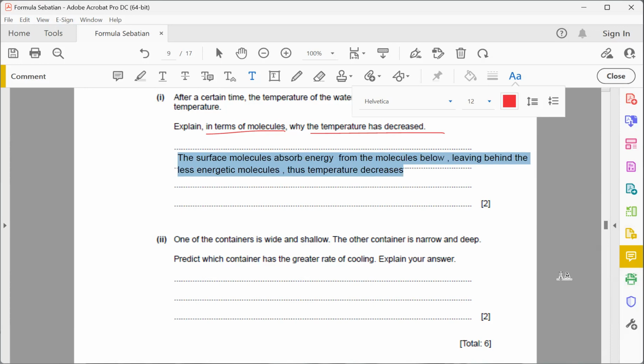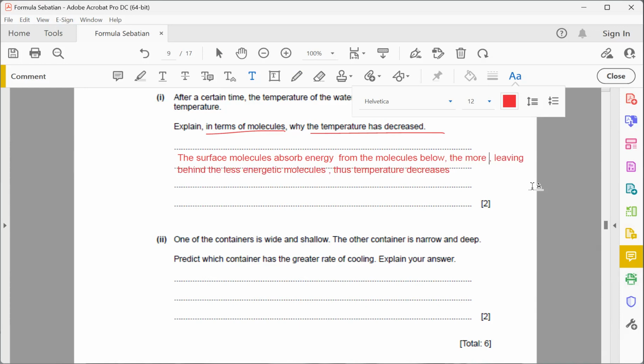If you mention that the surface molecules are absorbing energy from below, going through evaporation, maybe you include the whole process of evaporation. Surface molecules absorb energy from the molecules below.